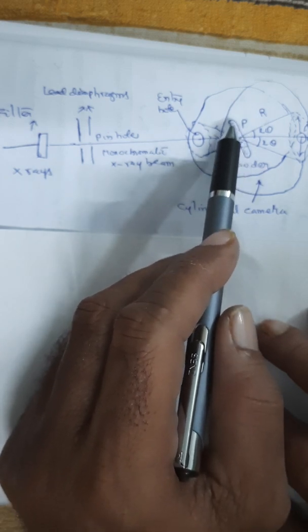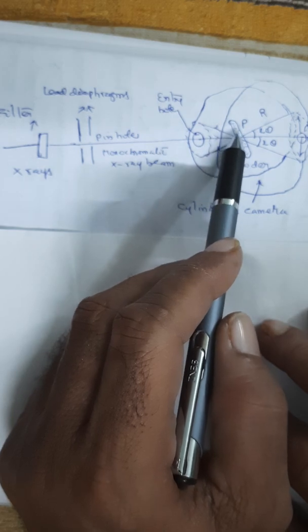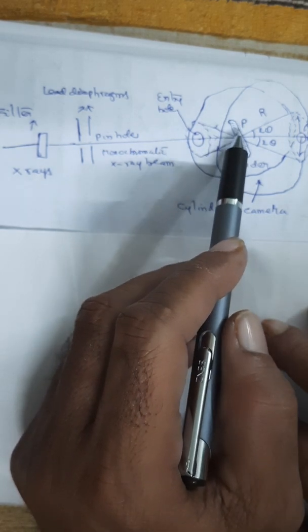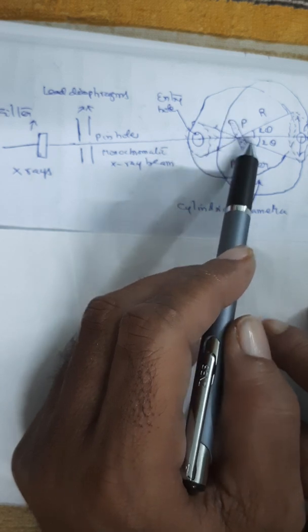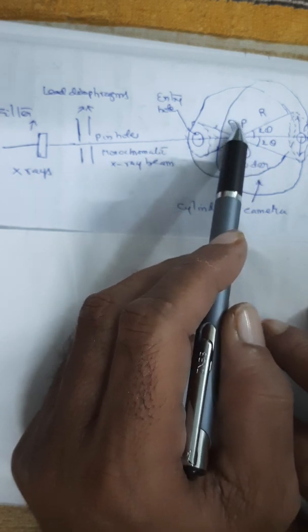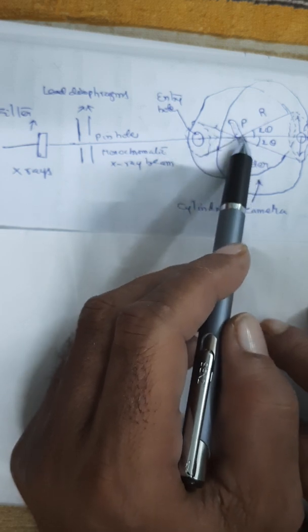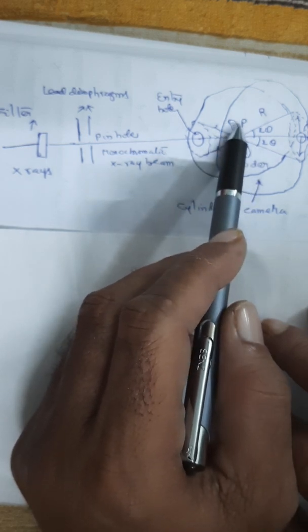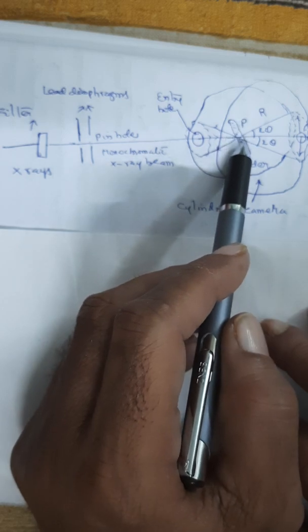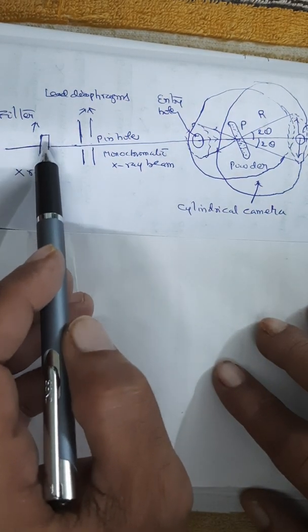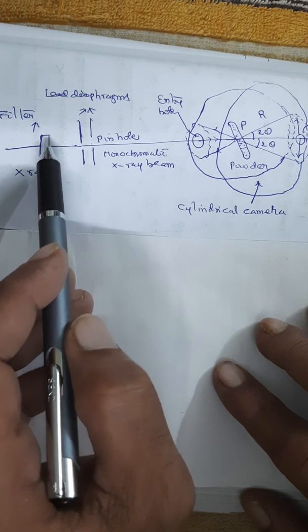The crystal whose structure is to be studied, as I told you, is made into a powdered form. So the finely powdered sample is filled in a thin capillary tube made of non-diffracting material. That is what P is here. The incident X-rays, after passing through the filter, become monochromatic.